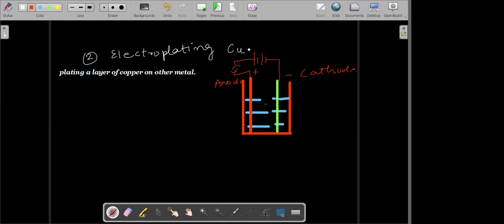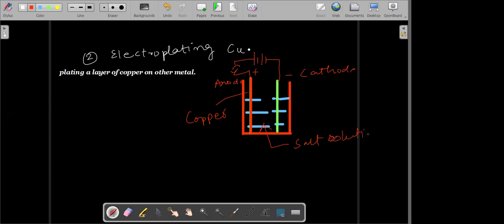But for this, we need one more thing here. The solution which is to be taken here: if I am taking this electrode to be made up of copper, the solution I must use should be a salt solution of copper.